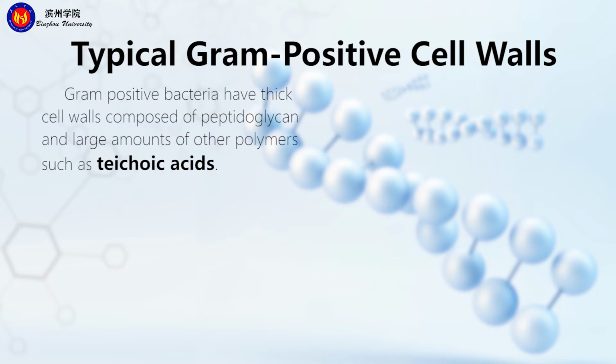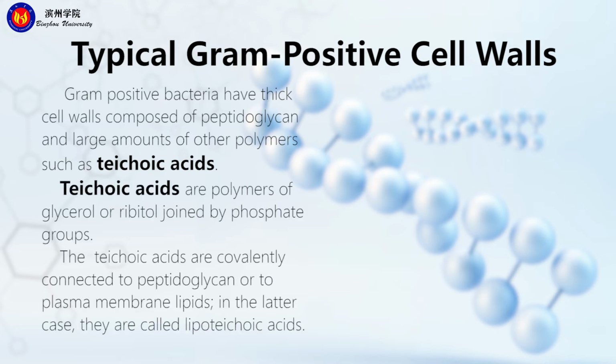Gram-positive bacteria have thick cell walls, composed of peptidoglycan and large amounts of other polymers, such as teichoic acids. Teichoic acids are polymers of glycerol or ribitol, joined by phosphate groups.